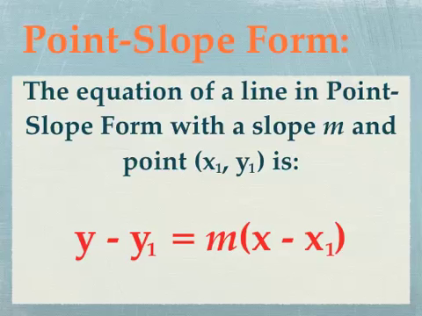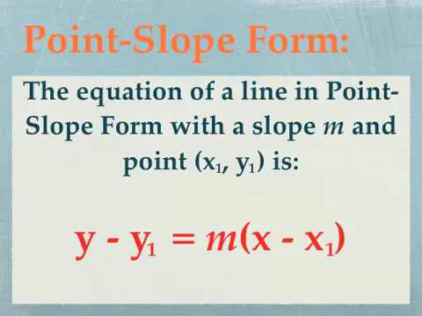Just like with the slope formula, the x sub 1, y sub 1 just reiterates the fact that those two values are coming from the same ordered pair. Your y and your x are always going to be in this form of the equation.